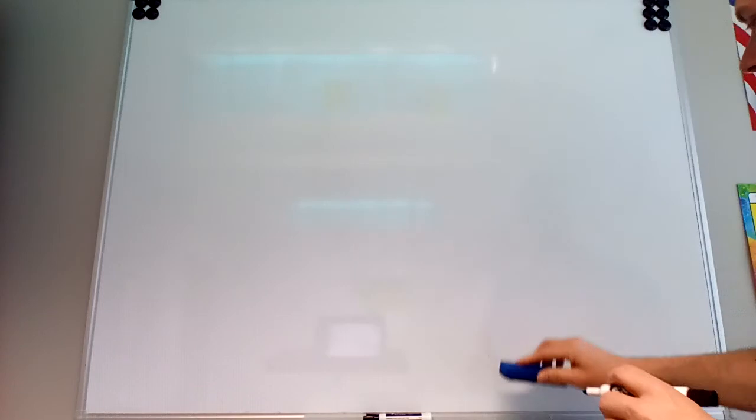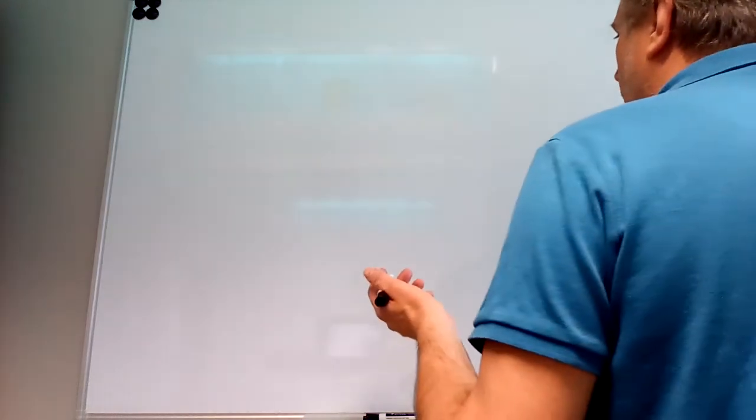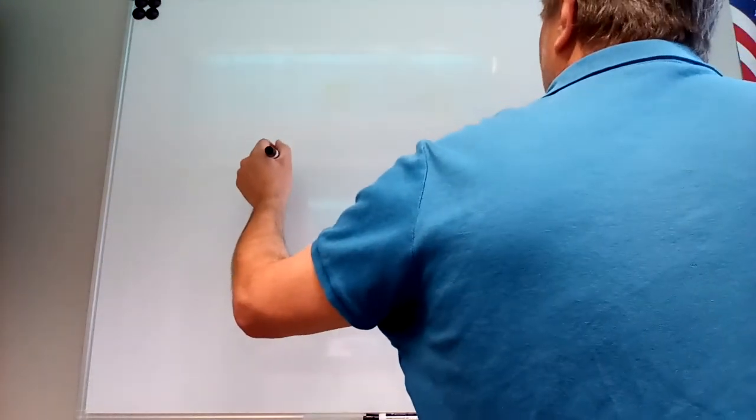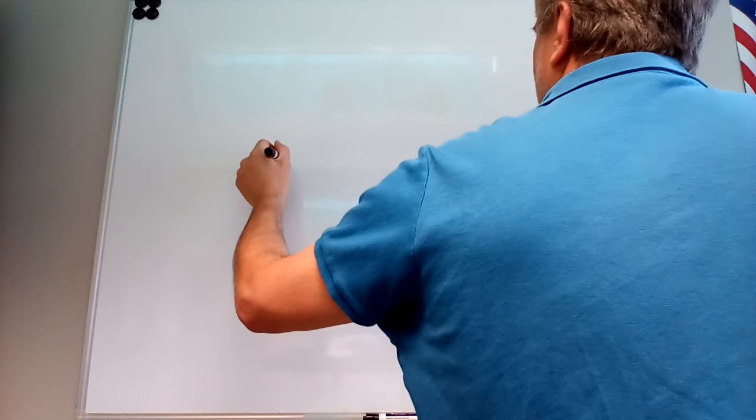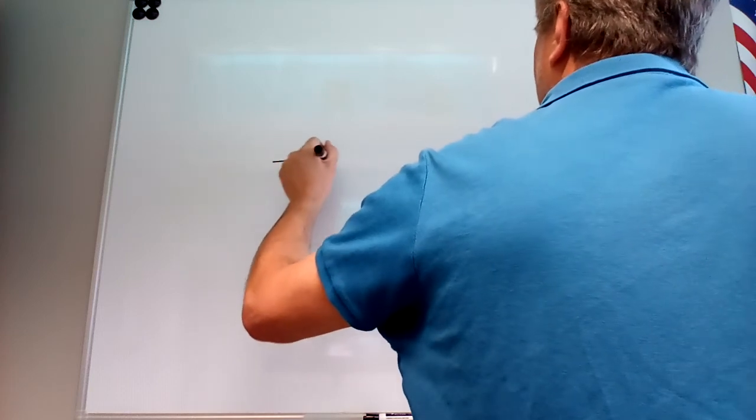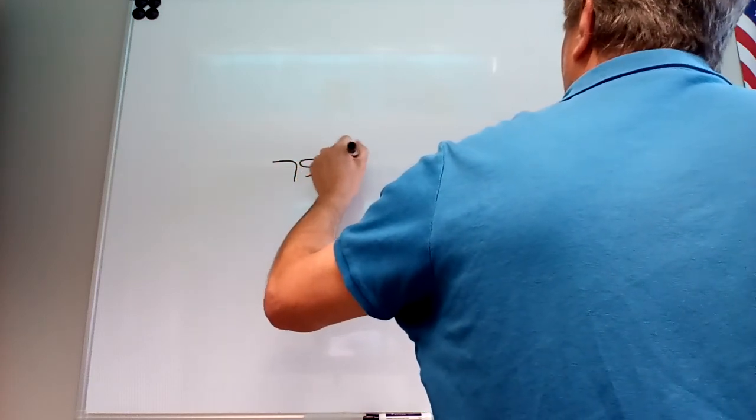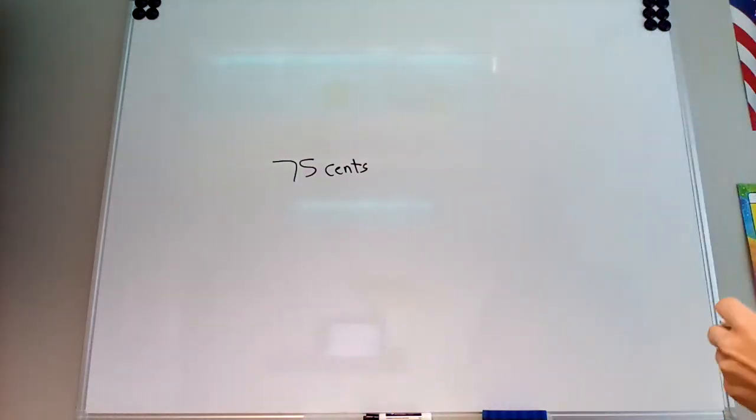So if you're in a store, a practical reason for knowing how to do this, if you're in a store and you want to buy a piece of candy, and let's say the candy is 75 cents. That's what the candy is going to cost.